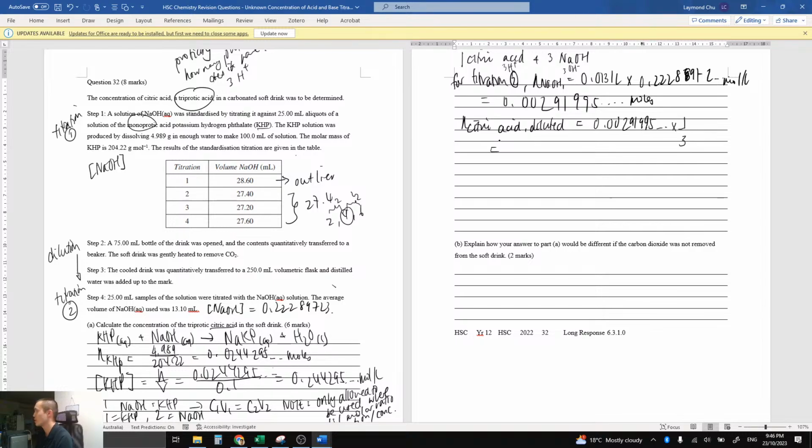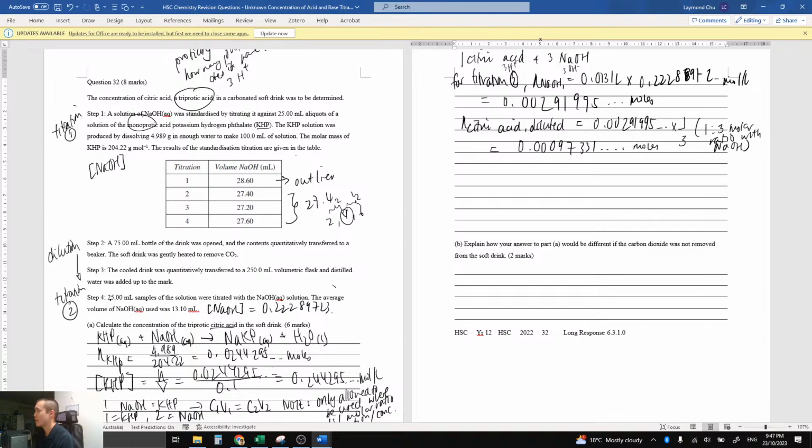So if we times that by a third, we should get 0.00097331 moles. And we can say here 1 to 3 molar ratio with NaOH. Perfect. So we got the moles of the undiluted.